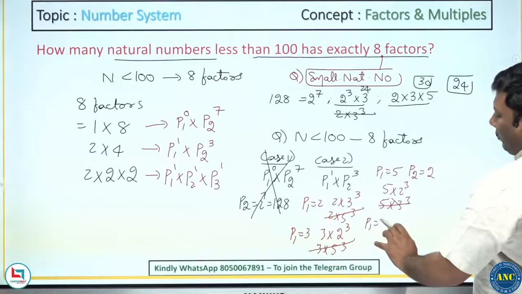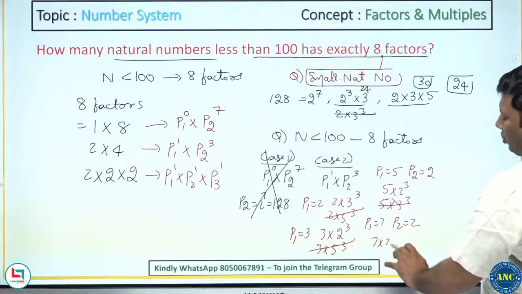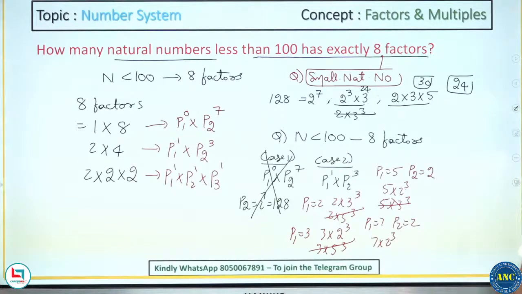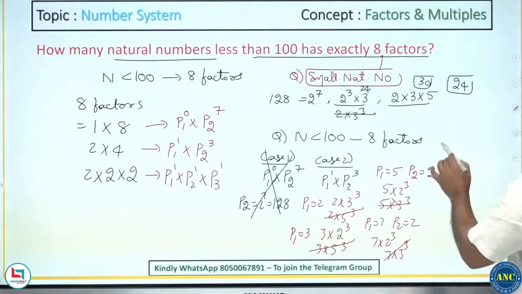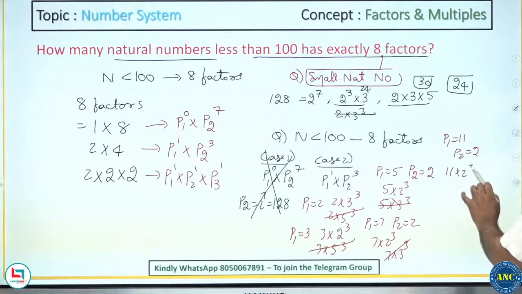If P1 is 7 and P2 is 2, 7 into 2 cube, 7 into 8, 56, possible. 7 into 3 cube, not possible. If P1 is 11 and P2 is 2, 11 into 2 cube, 11 into 8, 88, possible.